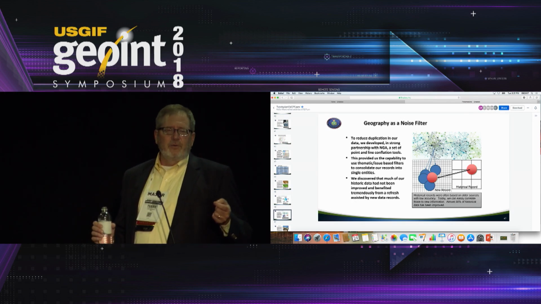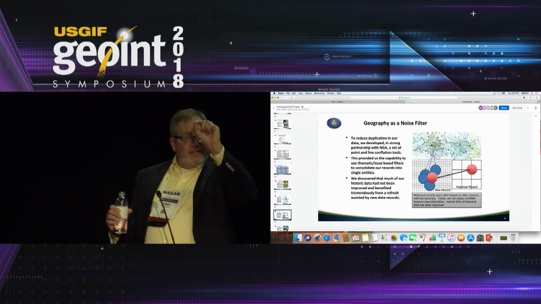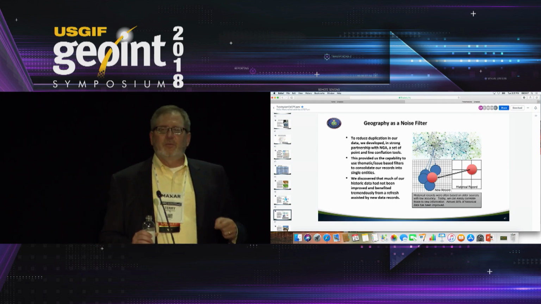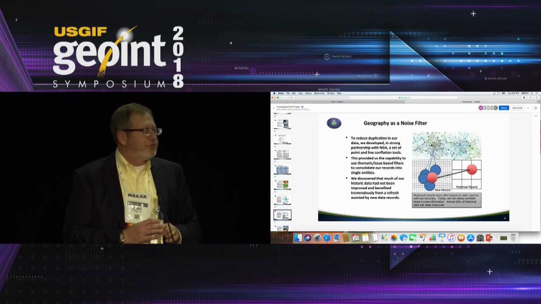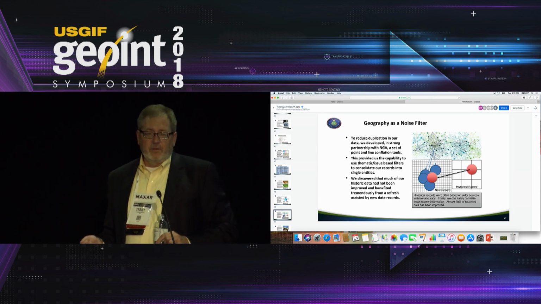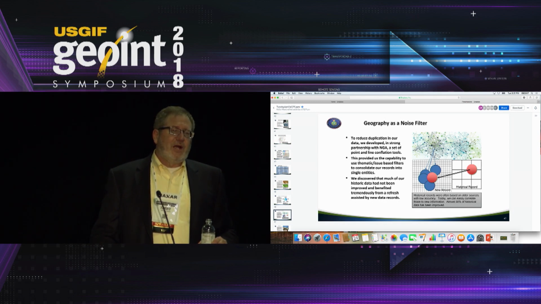Geography saves the day. I don't get just one record saying that's a thing. I get lots of records that are saying that's this thing, and they're all slightly different. So we've worked with NGA to develop very serious, very strong models to get the highest geographic fidelity on anything that we're looking at, right? So at first, you can't just do geographic means sometimes.